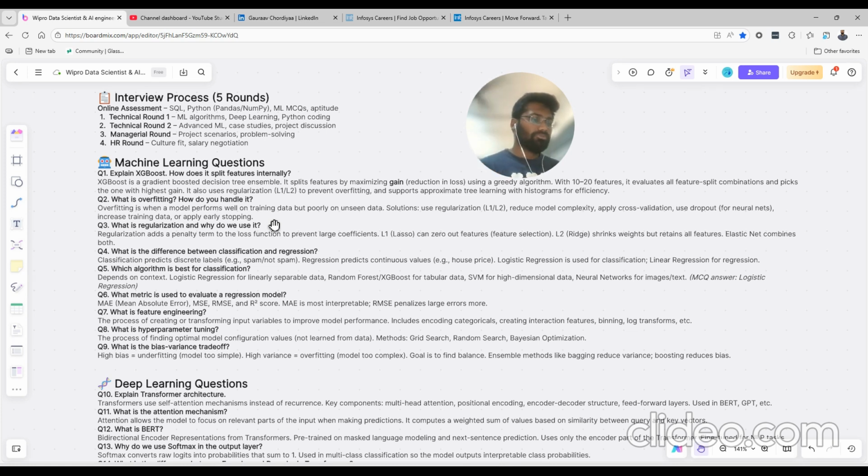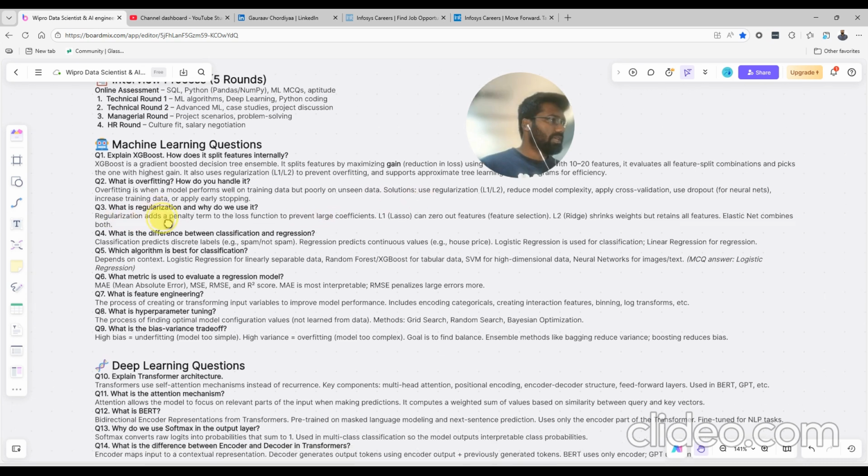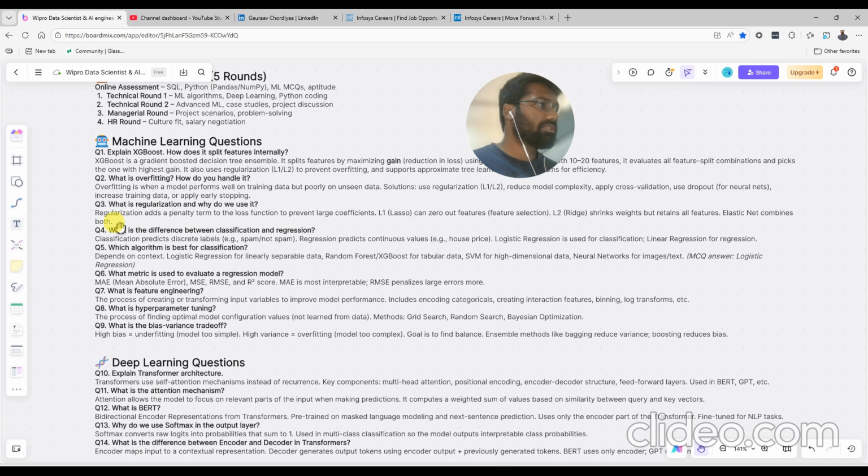But when it comes to new data, the model doesn't know it. Sometimes the model is not able to handle that data and is not performing well on it. That means it is overfit on the data. And how can we reduce this? These are the solutions.